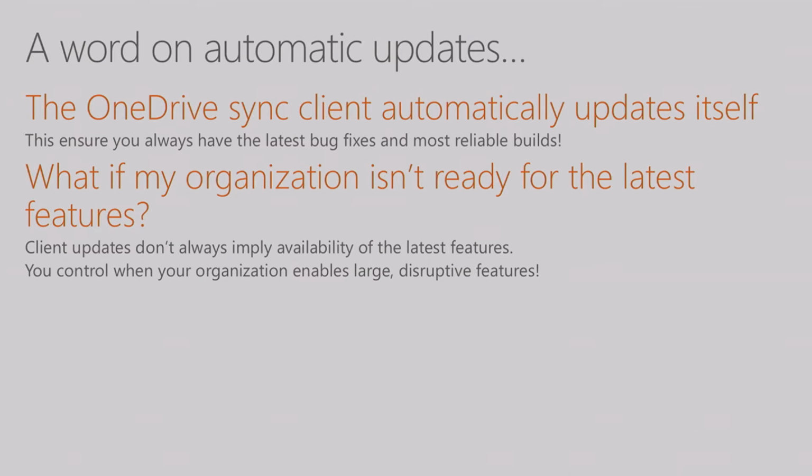The reason automatic updates are important for us is, if you think about it, sync is a state replication machine, right? We have the cloud, which is the truth, and we're trying to replicate that state on the local machine. We spend a lot of time looking at places where state doesn't match.